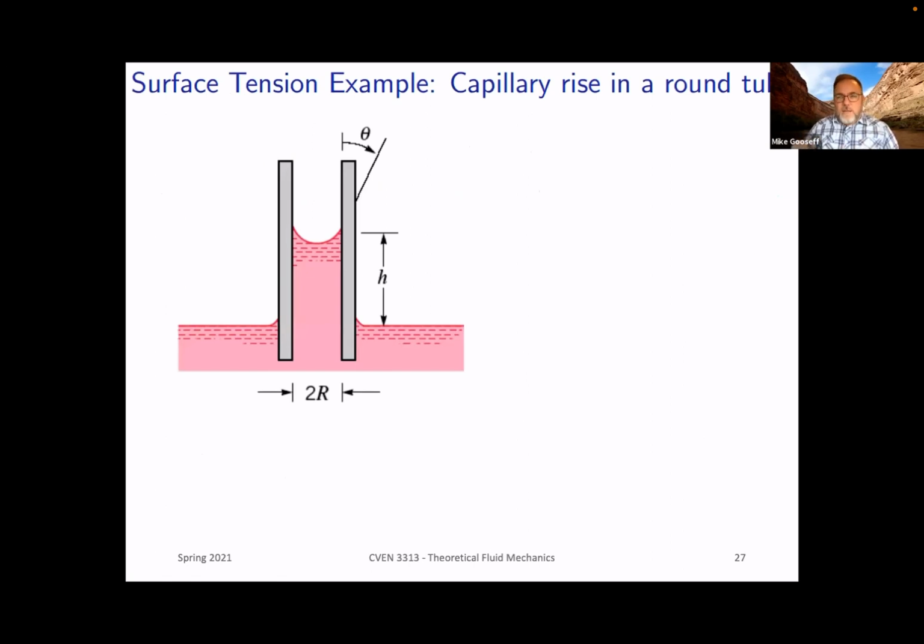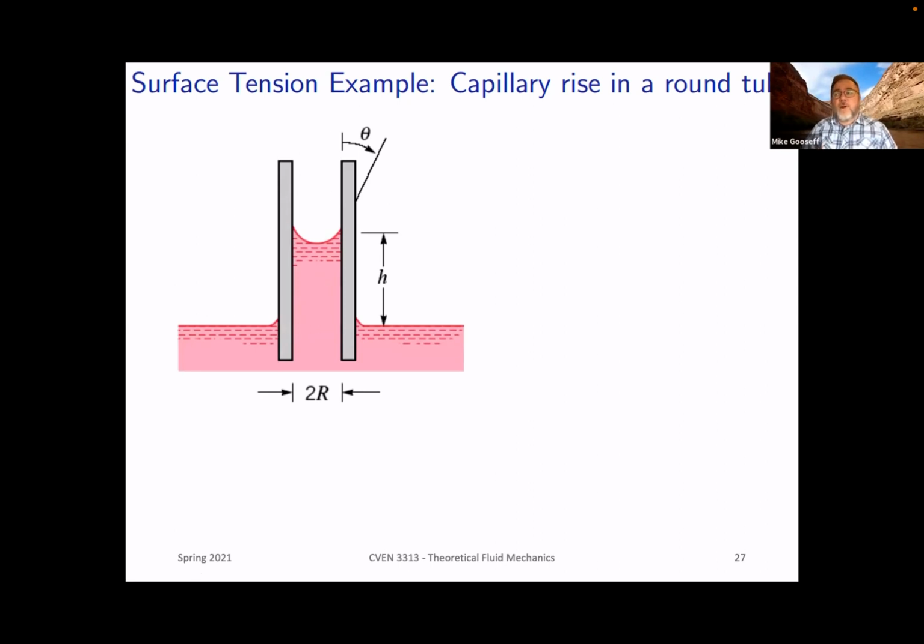So we take a small diameter tube, we put it into this pink fluid, and that small diameter tube allows for the rise of fluid inside the tube, all right? So it rises some height h, and we expect that, again, we have a hydrostatic situation.